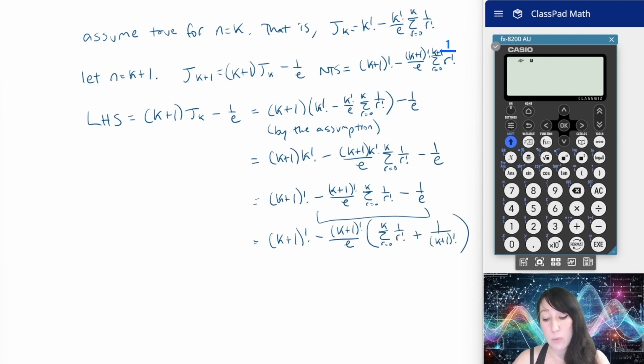So that would be the last term if the sum went from r equals 0 to k plus 1. So we could absorb it into the summation and say that it goes from r equals 0 to k plus 1 of 1 over r factorial. And that's what we were trying to show.